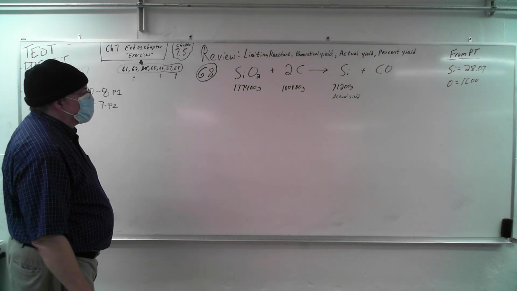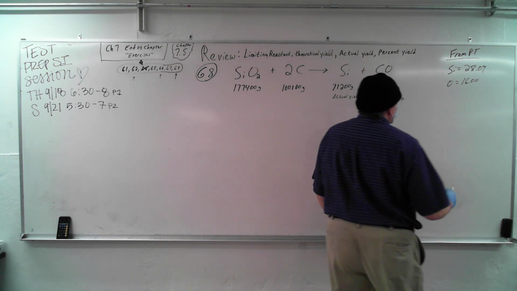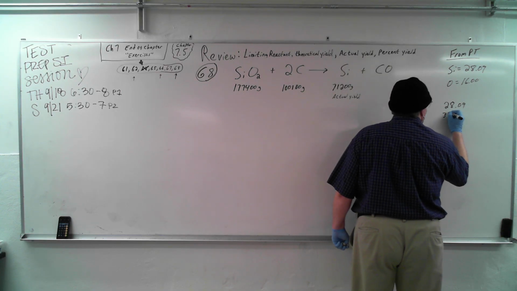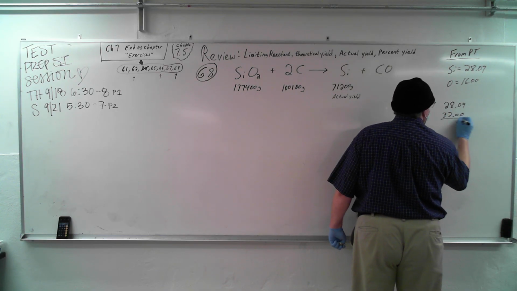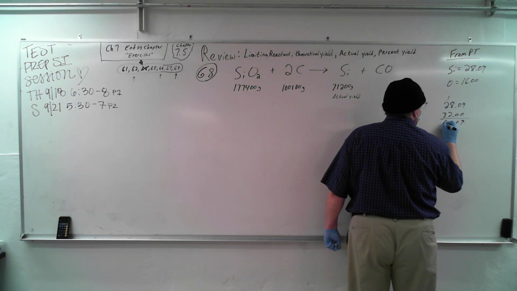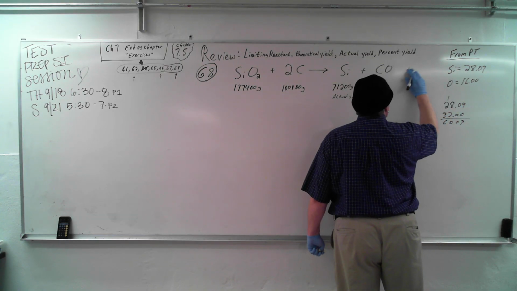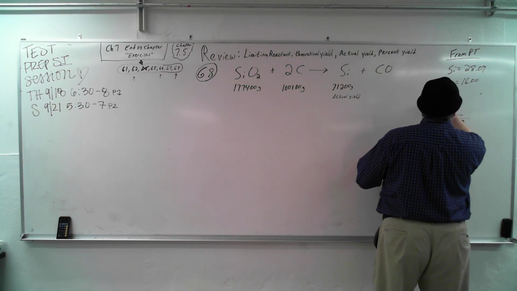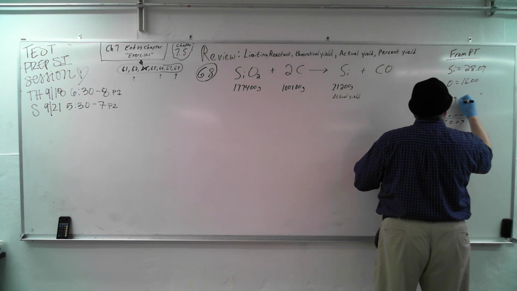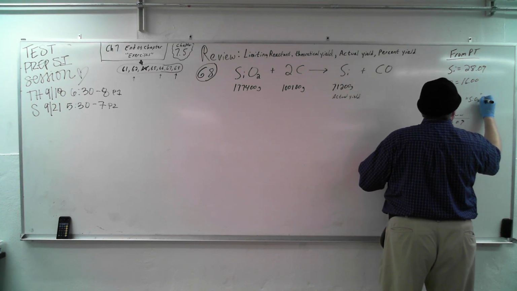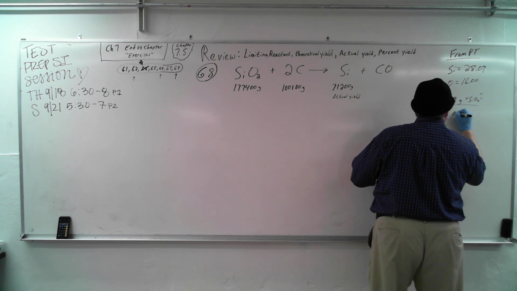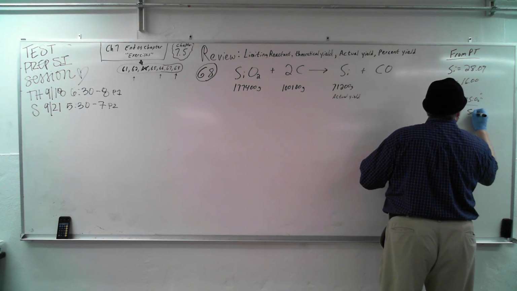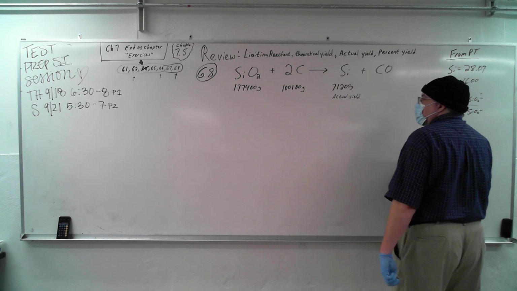I guess we could go ahead and get grams per mole and stuff. Two times 16 is 32. So we need grams per mole of both of our reactants.